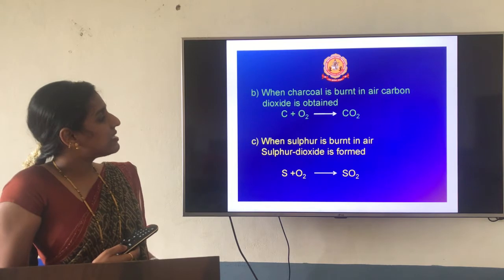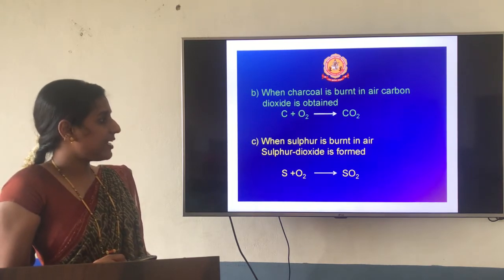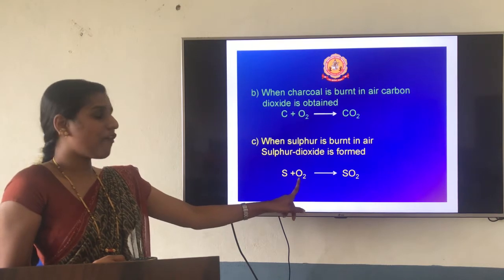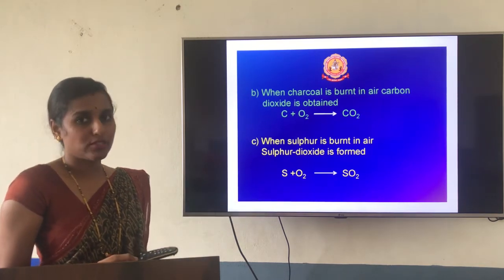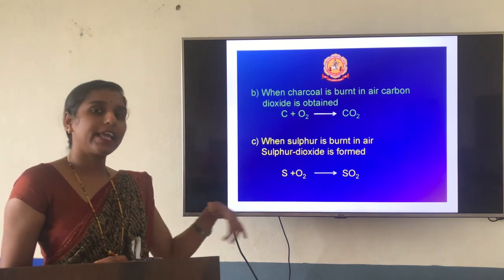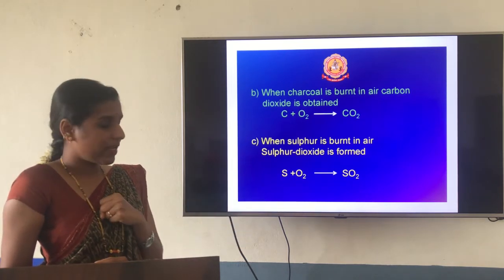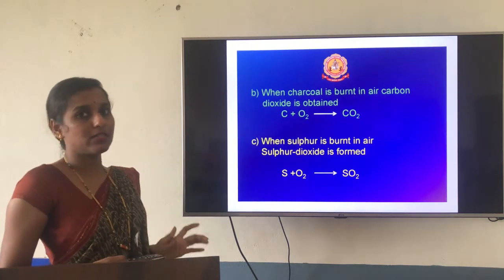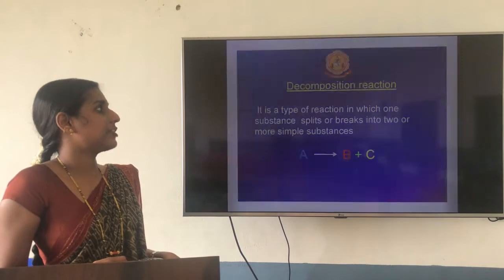Next, when sulfur is burned in air, sulfur dioxide is formed: sulfur burned in the presence of oxygen gives SO2. It is a combination reaction. Two or more substances combine with one another so that you get a single product.